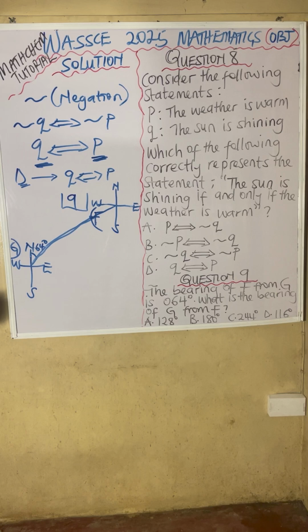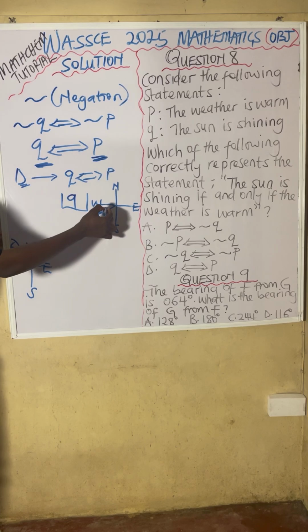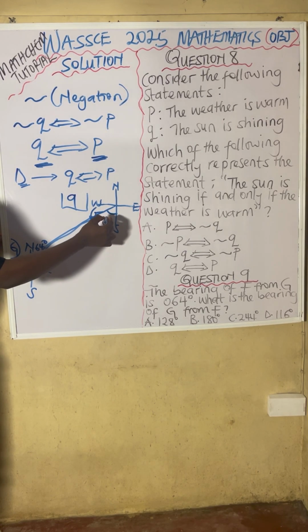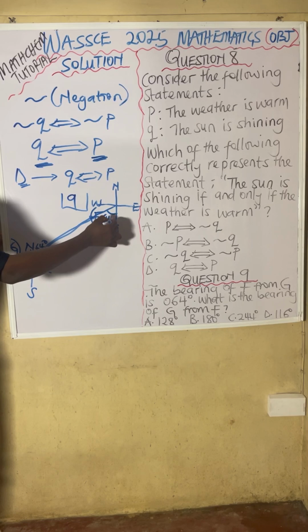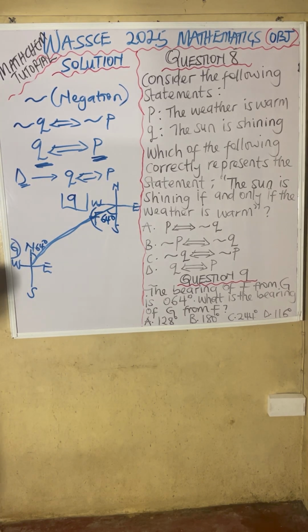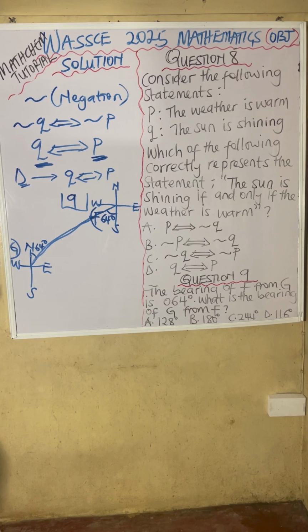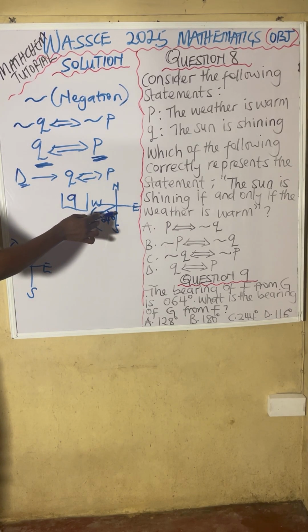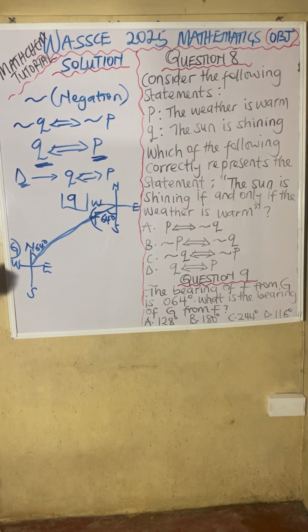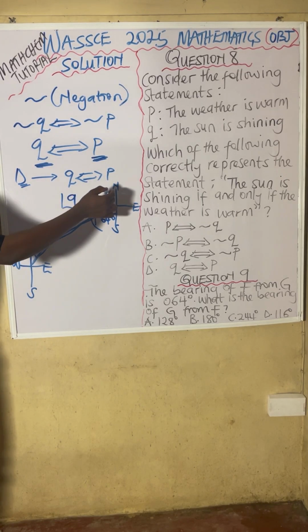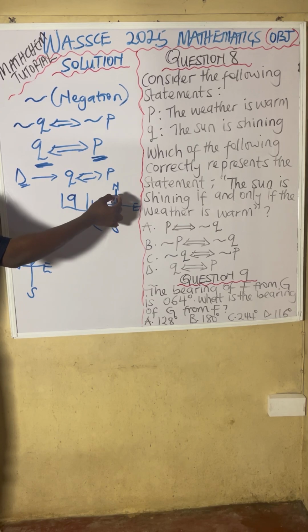So how do we go about that? Remember that this angle here is the same thing, and the angle we have here will also be 64 degree. So therefore that is the angle we have there. Now for us to know the angle for this particular guy, we are going to start from the beginning here, which is from the north.